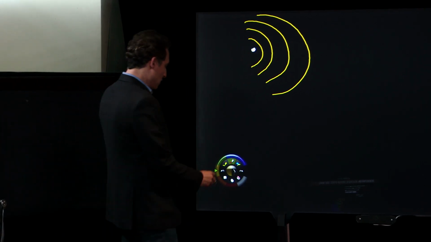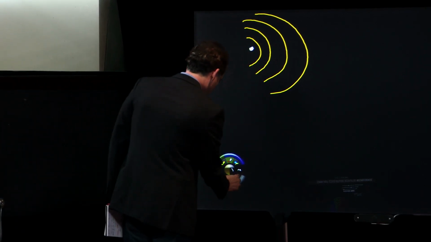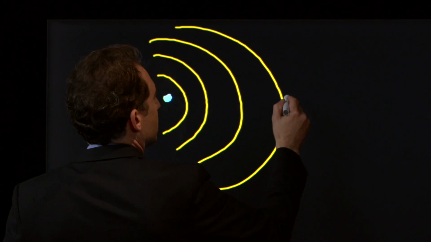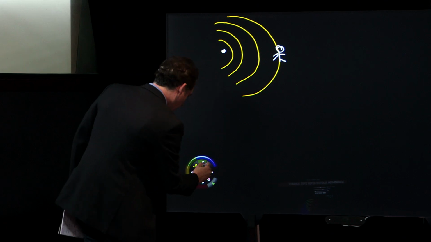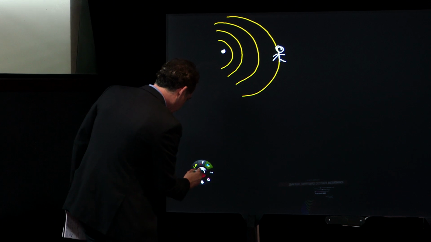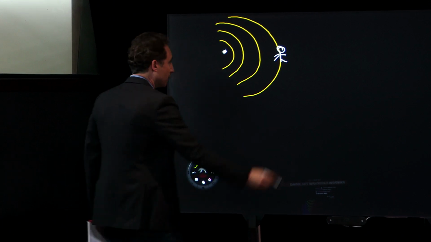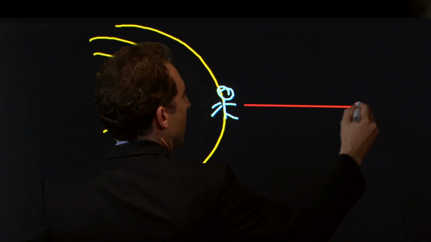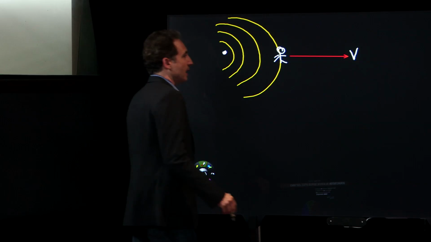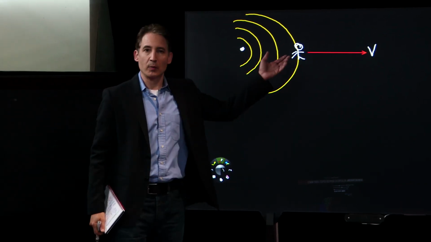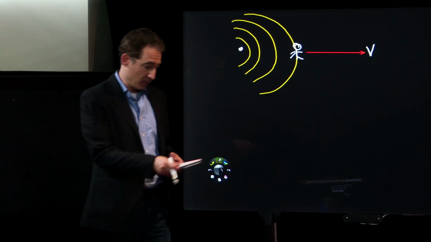And imagine that you are receiving that light. So let's say imagine you are right over here. But let's also imagine the case where, say, you are running away. So you are moving away at a velocity equal to v. And we want to figure out the frequency with which you receive those light waves.